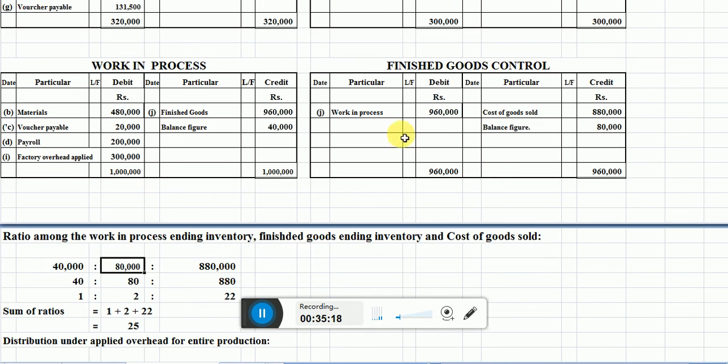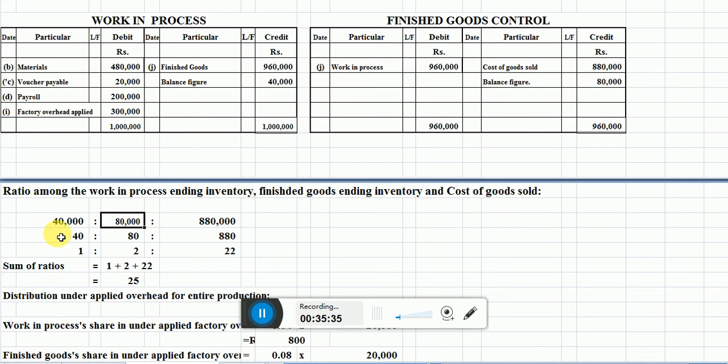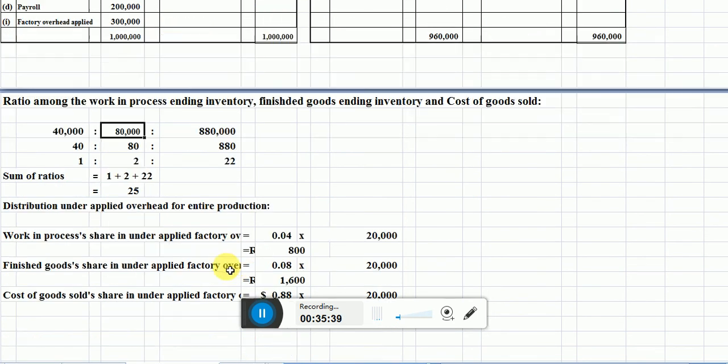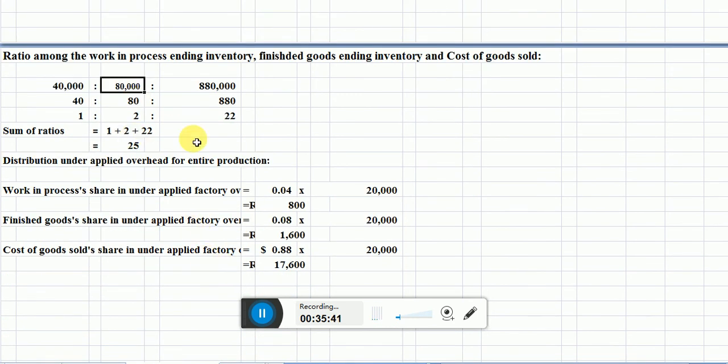After that, we have to take the closing inventories, like the work in process amount, finished goods amount, and the cost of goods sold amount, in ratio form here. After that, we have to distribute the shares among the work in process ending inventory, finished goods ending inventory, and the cost of goods sold here, which is present in front of you.